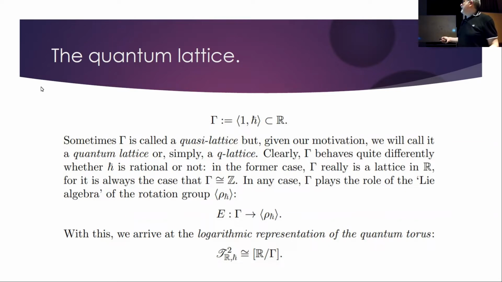Then gamma behaves quite differently depending on whether H bar is rational or not. If H bar is rational, this becomes really a lattice in R. But when H bar is irrational, it doesn't.